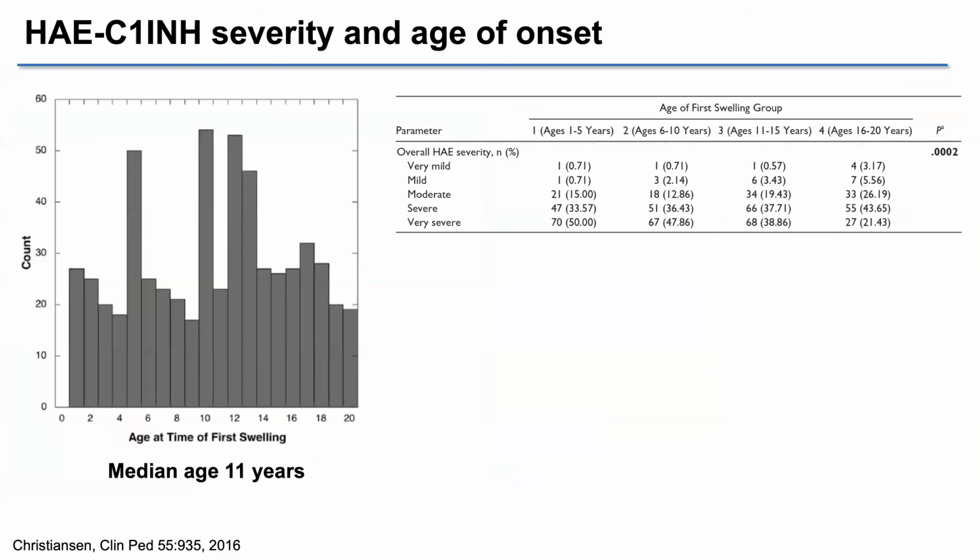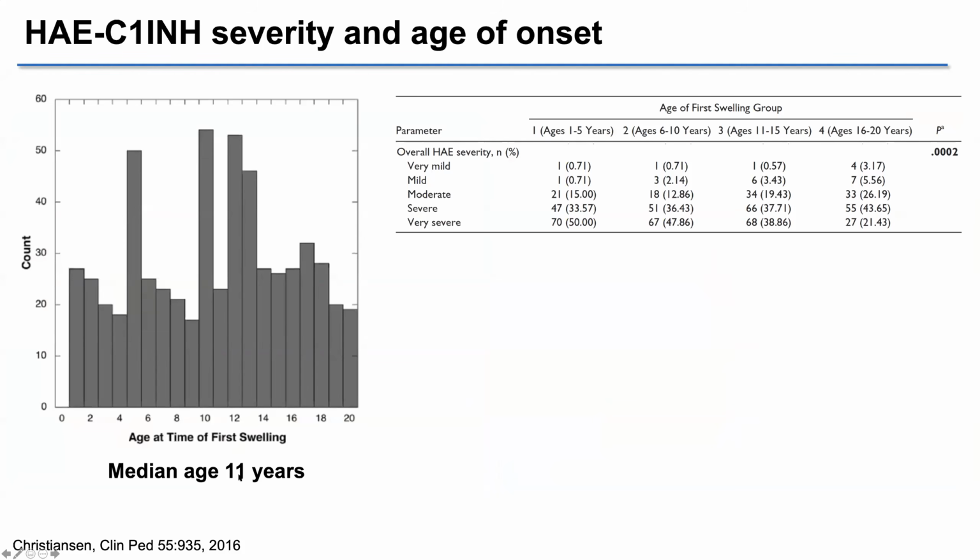Let me comment on an interesting observation about the relationship between age of onset of swelling and severity. This is data from a survey that we did with the US HAEA, and it shows that most patients start swelling in childhood, about 50% by the age of 10 or 11, but virtually everybody by the age of 20.